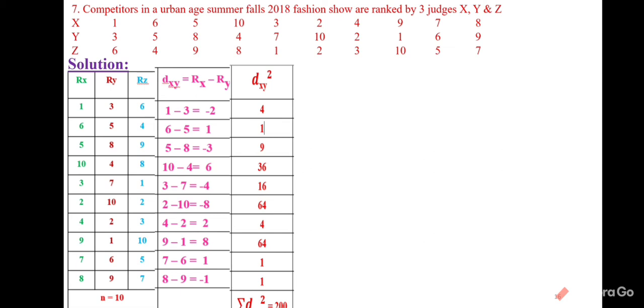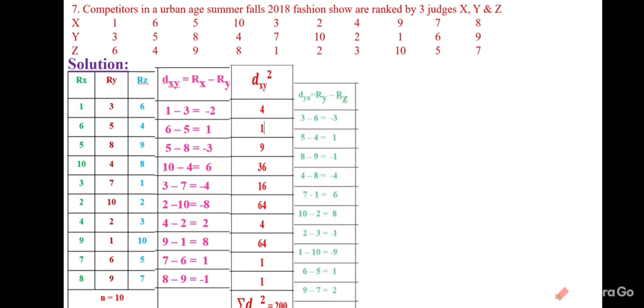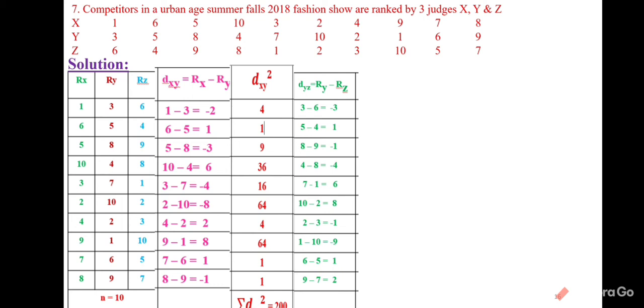This is one set. Like that, we need to do three combinations: xy, yz, zx. Now y and z: 3 minus 6 is minus 3, 5 minus 4 is 1, 8 minus 9 is minus 1, 4 minus 8 is minus 4, 7 minus 1 is 6, 10 minus 2 is 8, 2 minus 3 is minus 1, 1 minus 10 is minus 9, 6 minus 5 is 1, 9 minus 7 is 2.